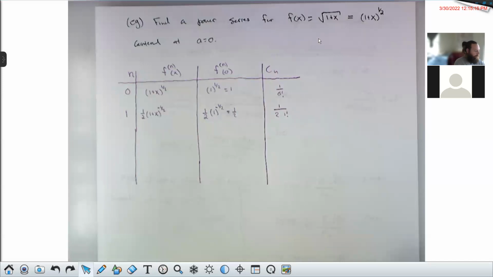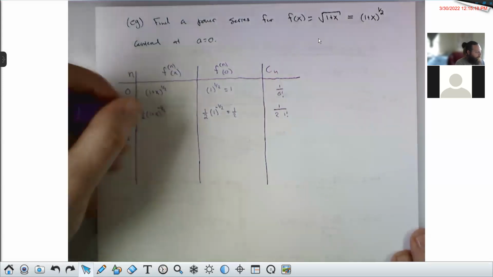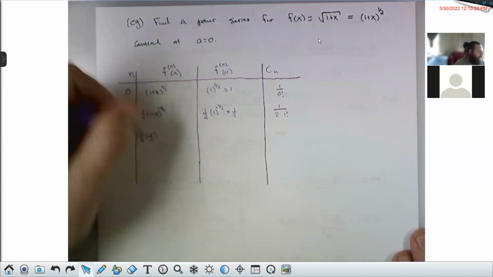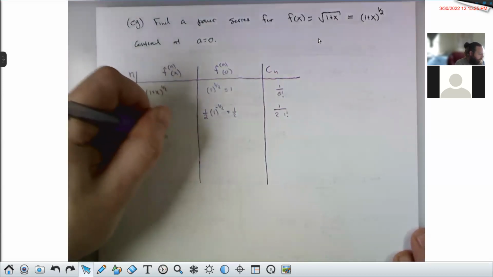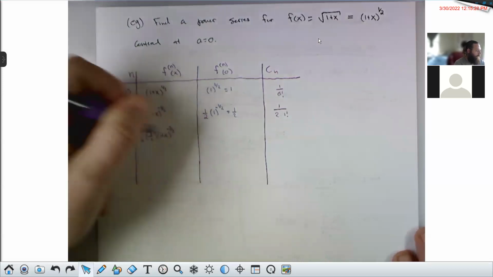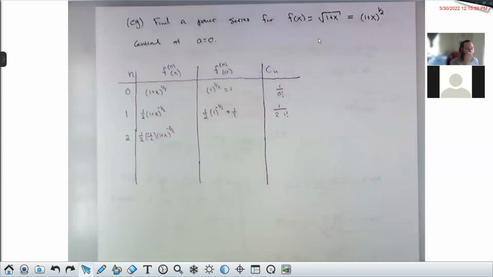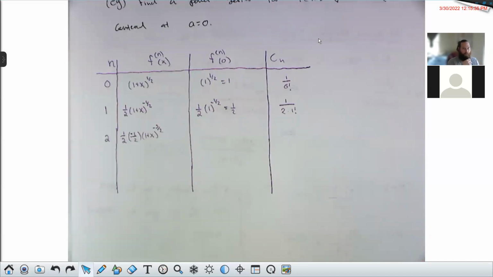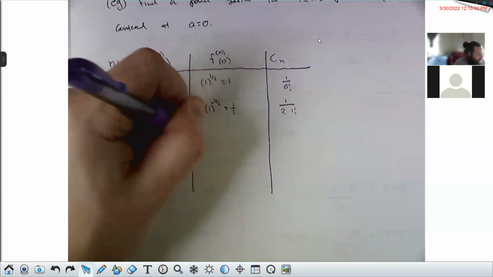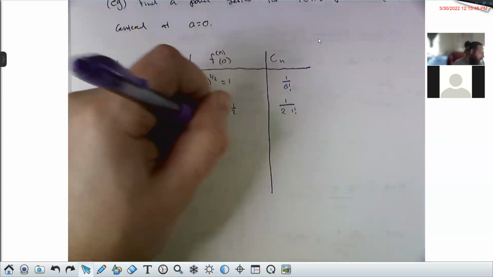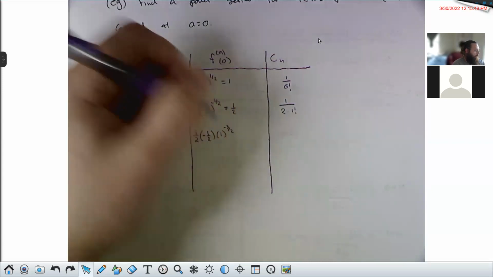Differentiate again. The derivative of the object above there is 1/2 times negative 1/2 times 1 plus x to the negative 3/2. Evaluating this at x equals 0 gives 1/2 times negative 1/2 times 1 to the negative 3/2.